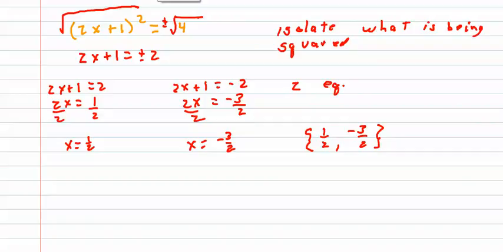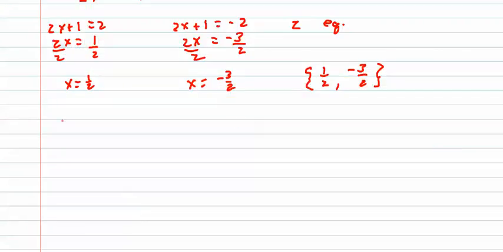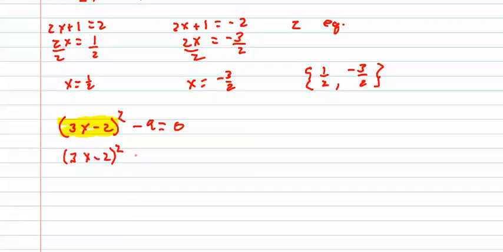All right, our last example then is quantity 3x minus 2 squared minus 9 equals 0. Again, we want to isolate what's being squared, so we have to add 9. So we get 3x minus 2 quantity squared equals 9.